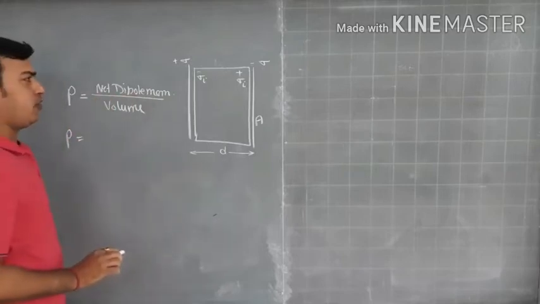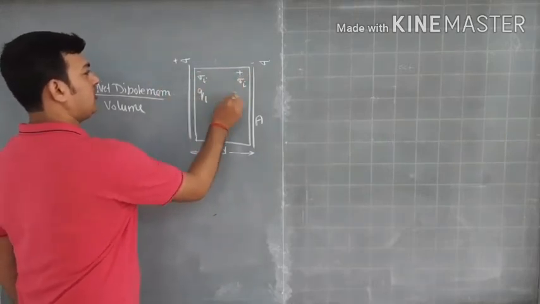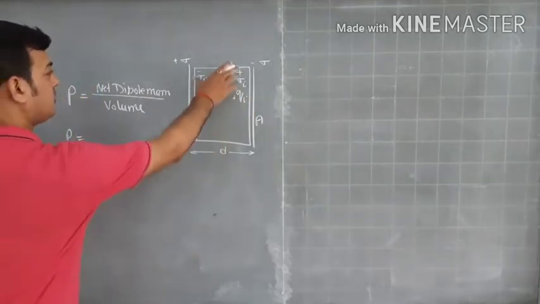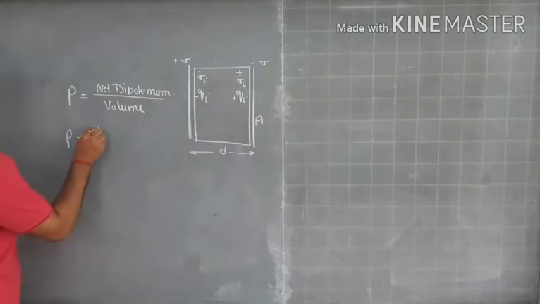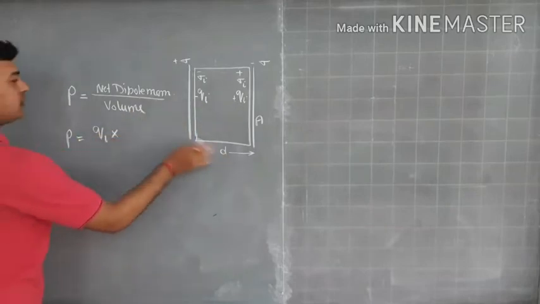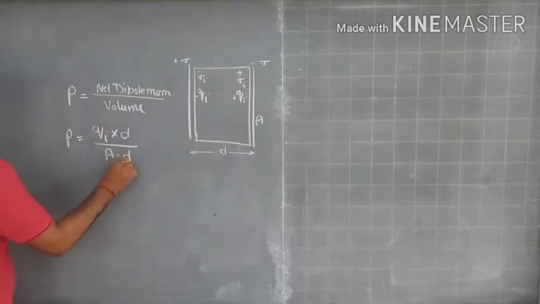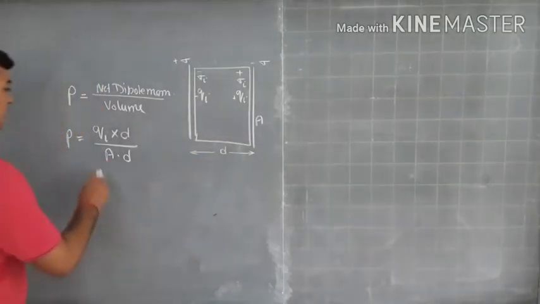Net dipole moment is basically the charge, let the charges be Qi, on the opposite walls of this dielectric. So the dipole moment will be the charge multiplied by the separation and divided by the volume, that is nothing but the area into distance.